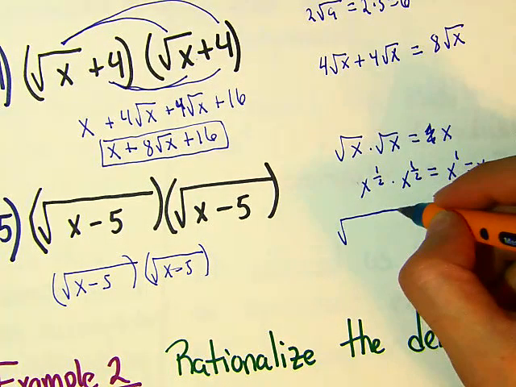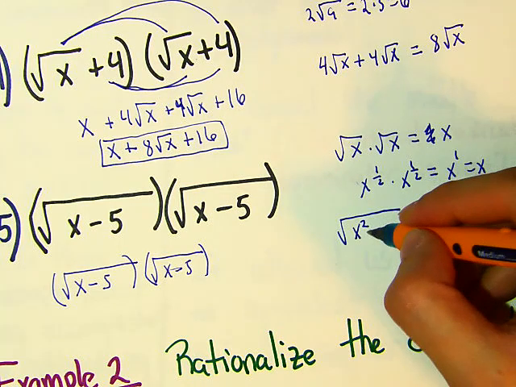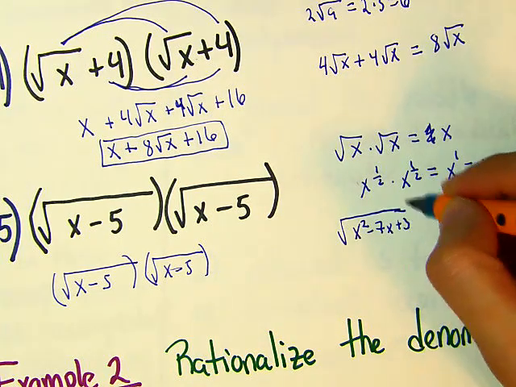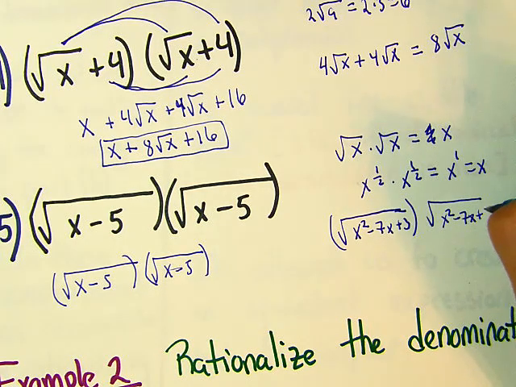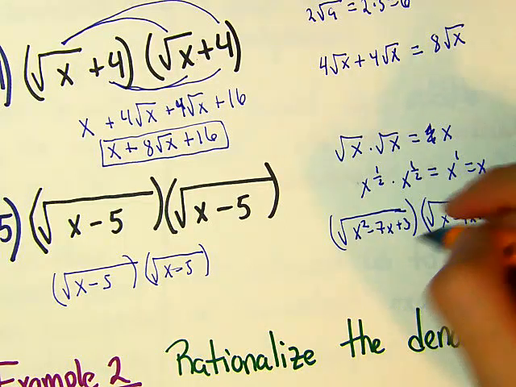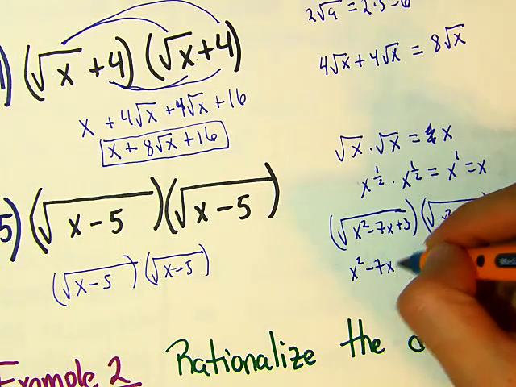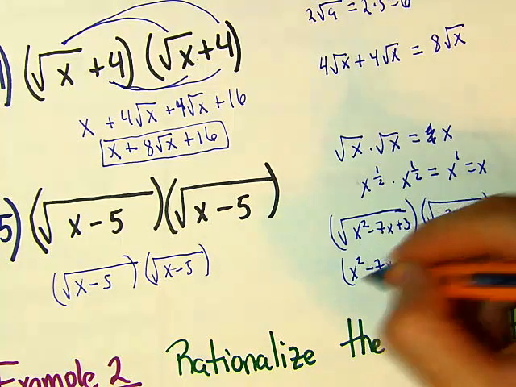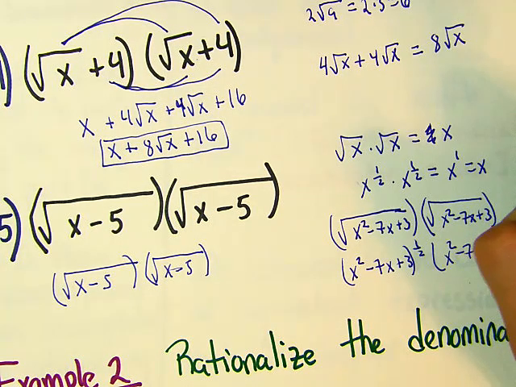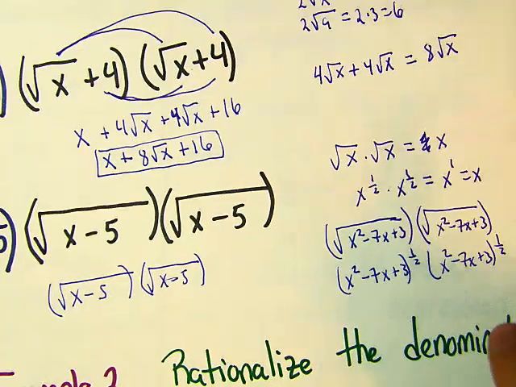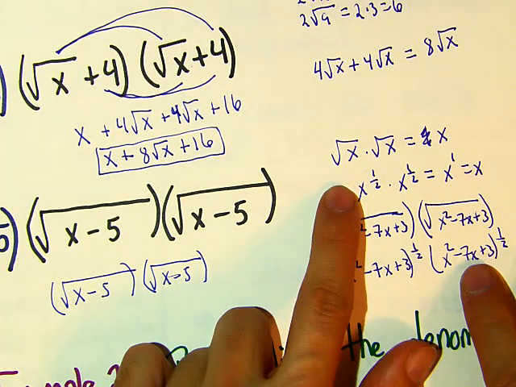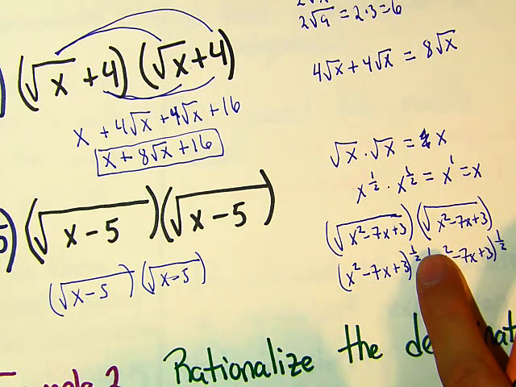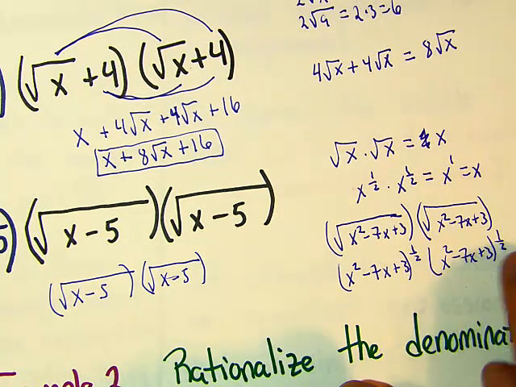What if I have square root of x squared minus 7x plus 3 times square root of x squared minus 7x plus 3? Okay, this in disguise is still x squared minus 7x plus 3 to the 1/2, and so is this. When you multiply this times this, it's the same as if you have something raised to the 1/2 times itself.